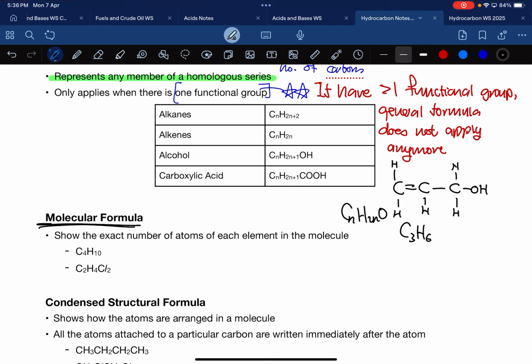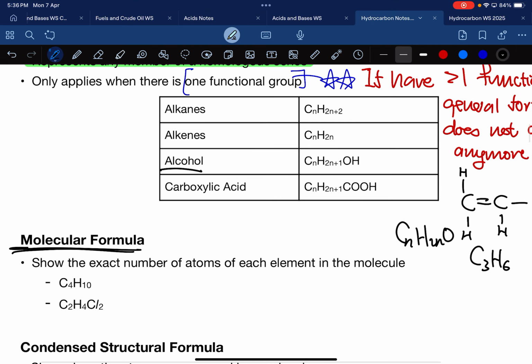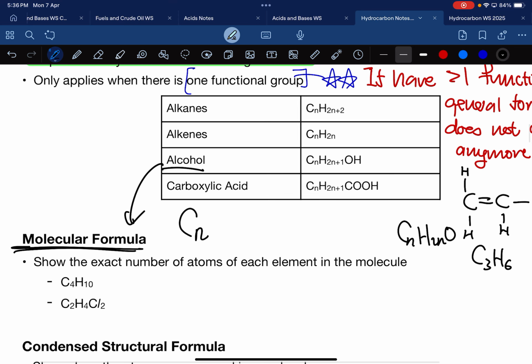Molecular formula does not care. If I were to write the molecular formula for alcohols, for example, how will it look like? It will be CnH2n+2O. Because I don't care about whether I have the functional group or not.